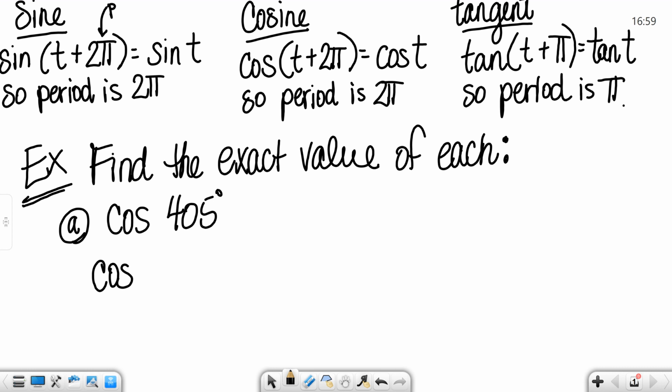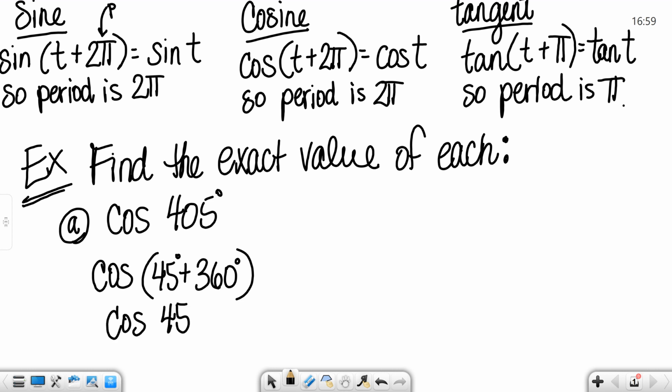If I have the cosine of 405, let's think about it like this. What number plus 360 gives me 405? Because 2 pi is 360. So 45 plus 360 gives me 405, right? So we're going to actually do what is the cosine of 45, all right?